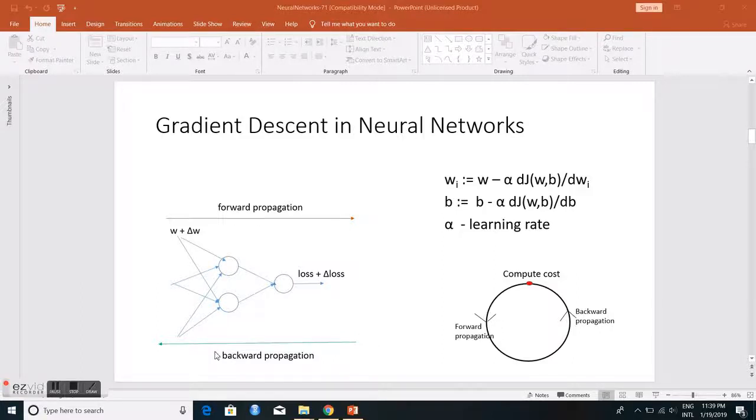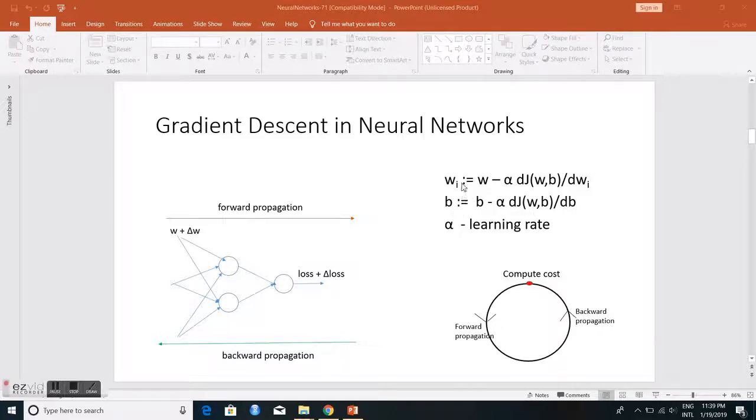We go through one cycle of backward propagation, and at the end of the cycle we compute the new weight based on the earlier weight and a value known as alpha, which is the learning rate, and how the loss varies with respect to the weights and the bias in each of the layers.